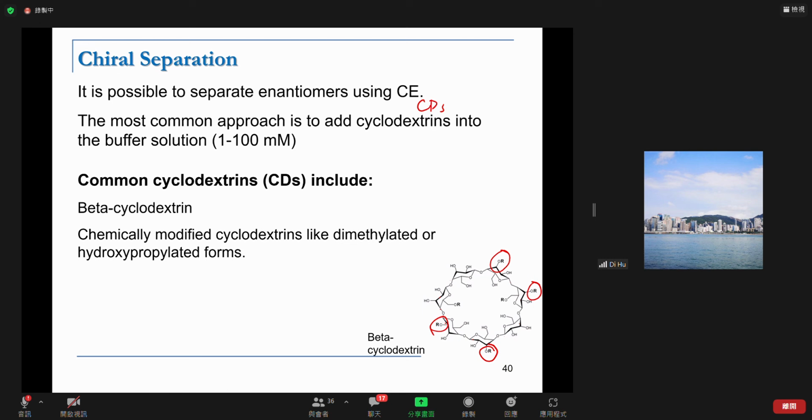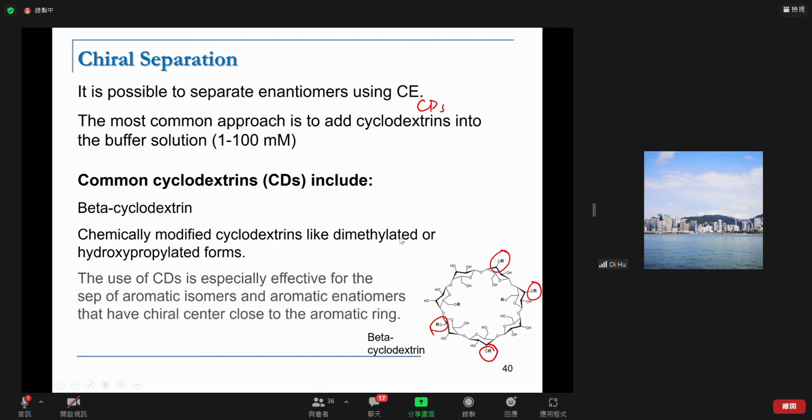The use of CD is especially effective for the separation of aromatic compounds, the isomers of aromatics, and also aromatic enantiomers that have a chiral center close to the aromatic ring. They will be more effectively separated by CD with this application.